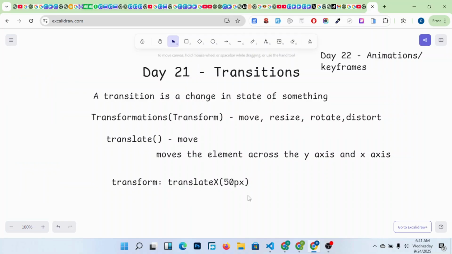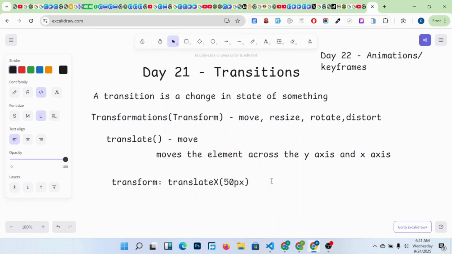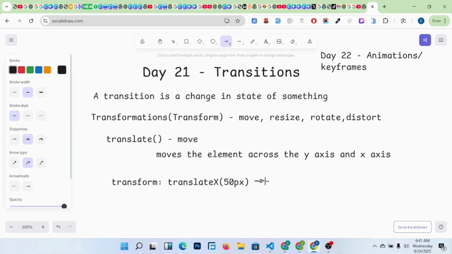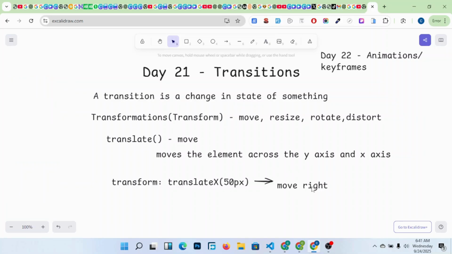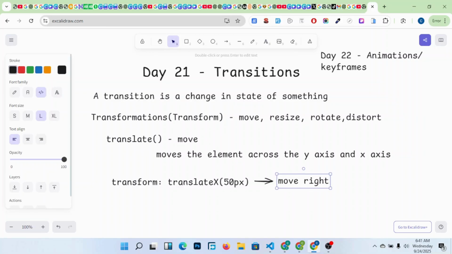This one moves that. You see this X here, it means wide, or on the X axis. So if I say 50 pixels, that means I'm commanding this thing to move right. Move on the right axis, move right this side here.